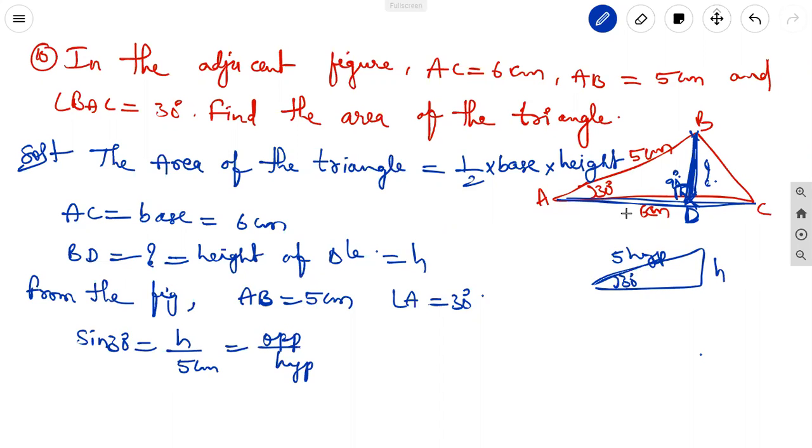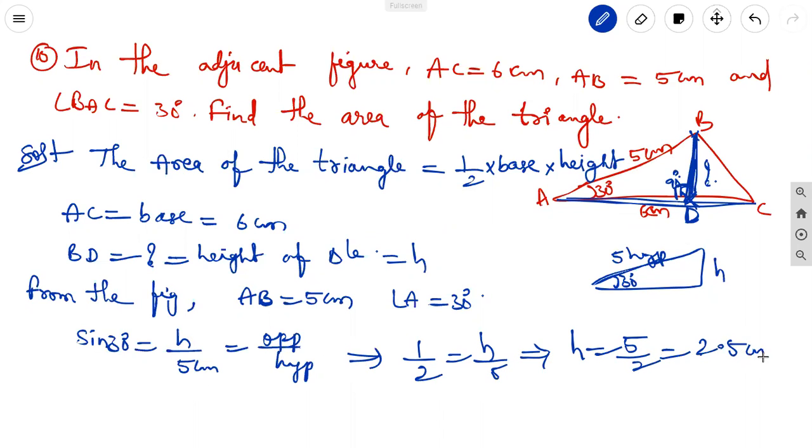The base here is only a part of the base. So we use the hypotenuse value and the angle value, and opposite and hypotenuse are related with the ratio of sine. So sine 30 degrees equal to h by 5 centimeter. Sine 30 value is 1 by 2 equal to h by 5 centimeter. From this, h equal to 5 by 2 equal to 2.5 centimeter.